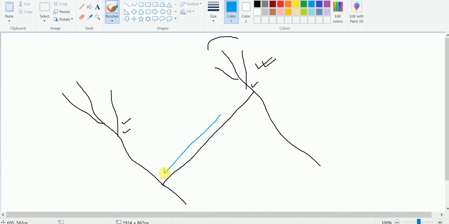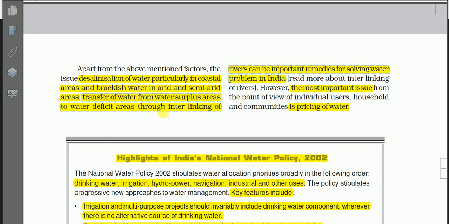So this is what we call interlinking of rivers. Water is transferred from this river to this river by digging a canal. This also can be done, as mentioned here, as a remedy for solving the water problem in India.